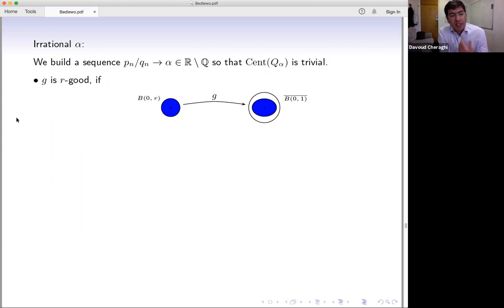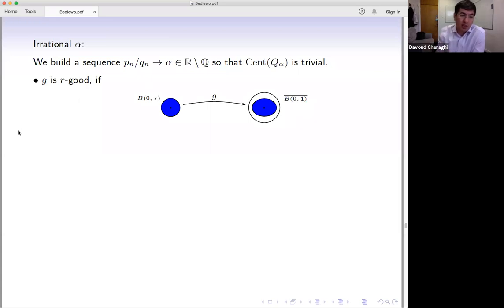If we take a real number R, strictly positive, we say that a holomorphic map G is R-good if G is defined on the open ball of radius R and maps that ball into the closed disk of radius 1. Any germ of a holomorphic map will be R-good for some value of R, because by continuity, if R is small enough, its image will be small, so it will be contained in the disk.